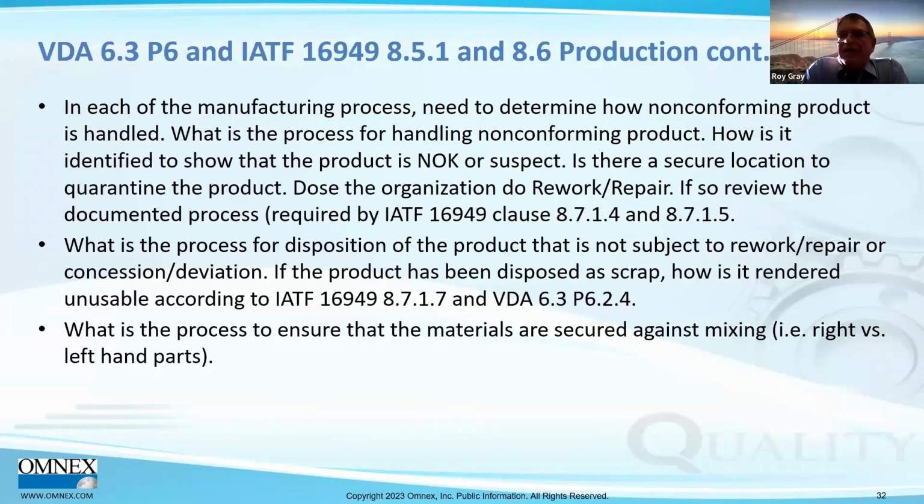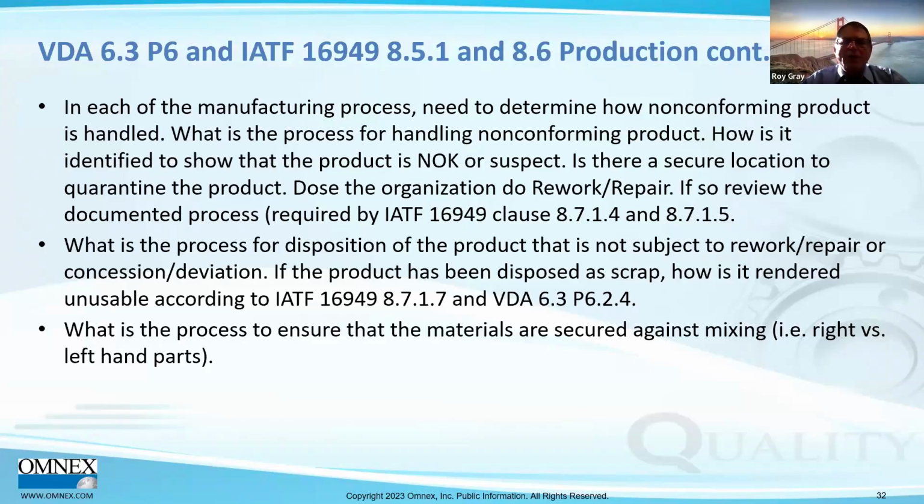IATF 8.7.1.7 requires us to have a documented process for disposition of the product that is not subject to rework or repair. So we need to make sure that the product being disposed of is being rendered unusable. You also see that in VDA 6.3, P6.2.4.